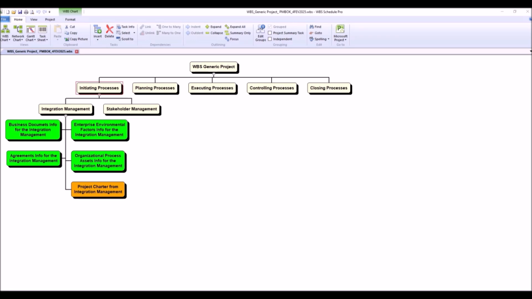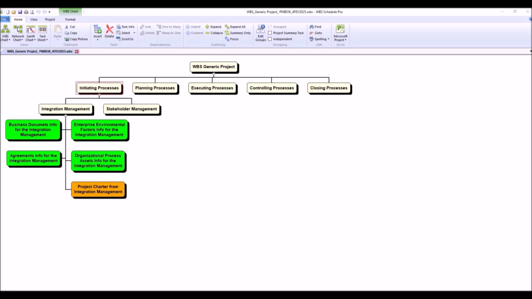According to the PMI Guide, project charter development activities produce important deliverables for the entire project development. 1. The first important deliverable is the project charter from integration management. This is the key output of the develop project charter process.